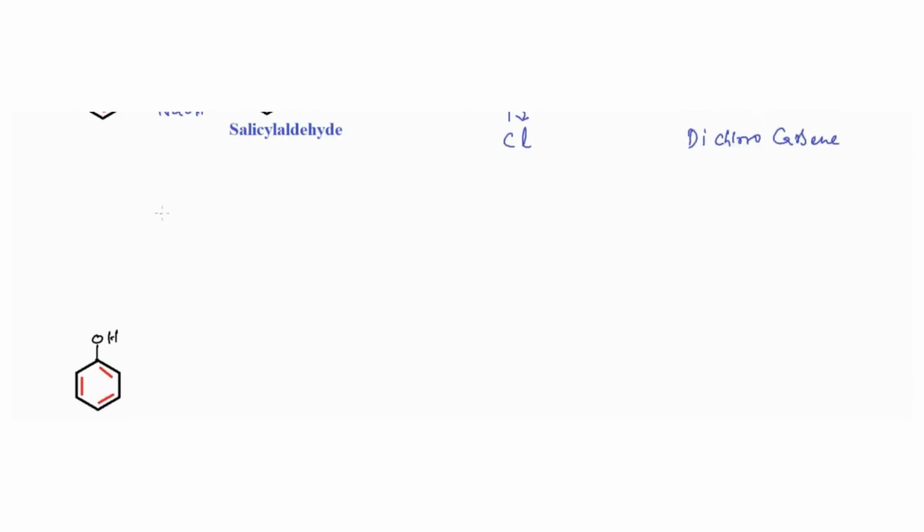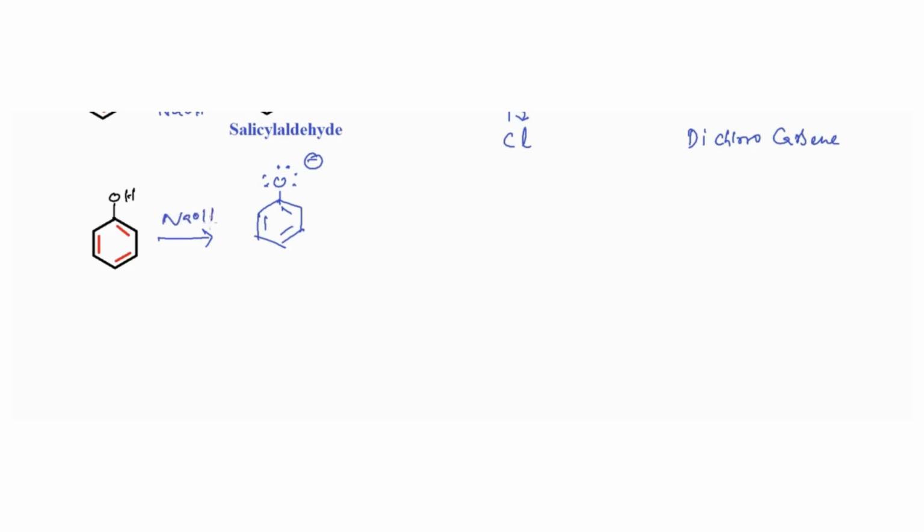Now what will happen? Now this phenol, in the presence of sodium hydroxide, forms a phenoxide ion, because we already learned phenol is highly acidic in nature, so in the basic medium it can donate the proton.